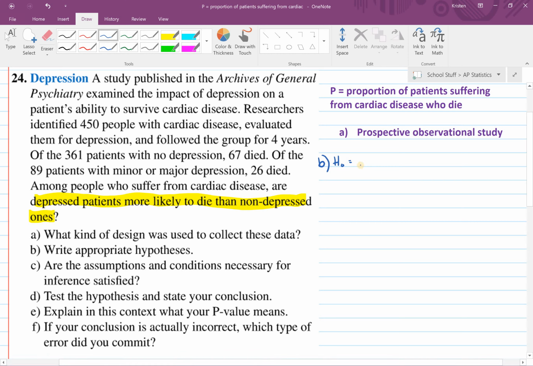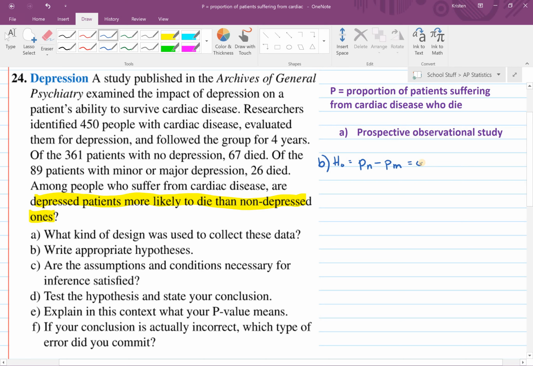My first population of interest that I'm going to use is those with no depression. So that's going to be the proportion with no depression. And I'm going to talk about minus the proportion with mild to moderate depression.